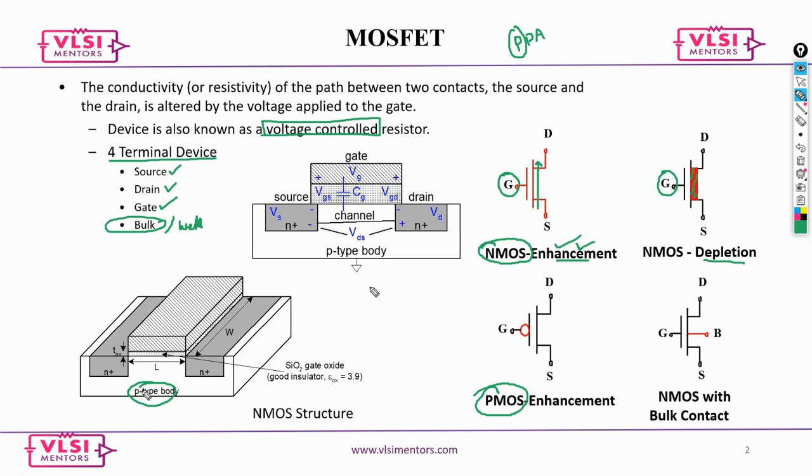I'll explain the cross sections later. Under enhancement, there is NMOS and PMOS. Now, why do we call this MOSFET?